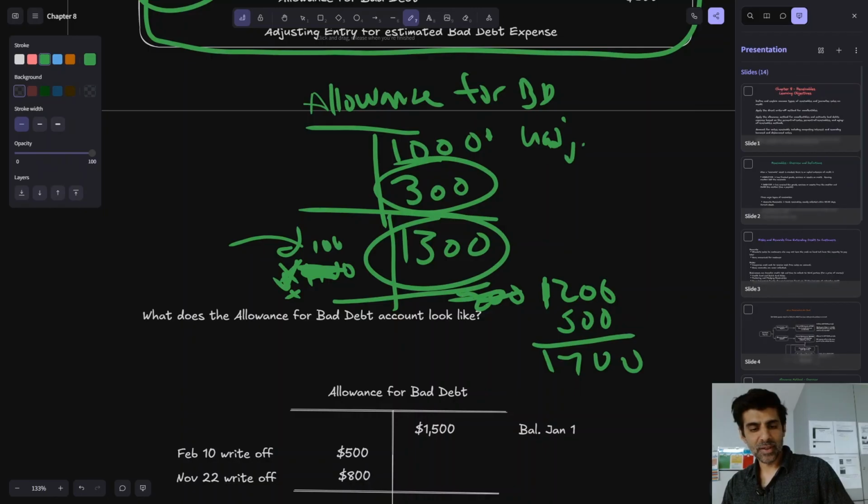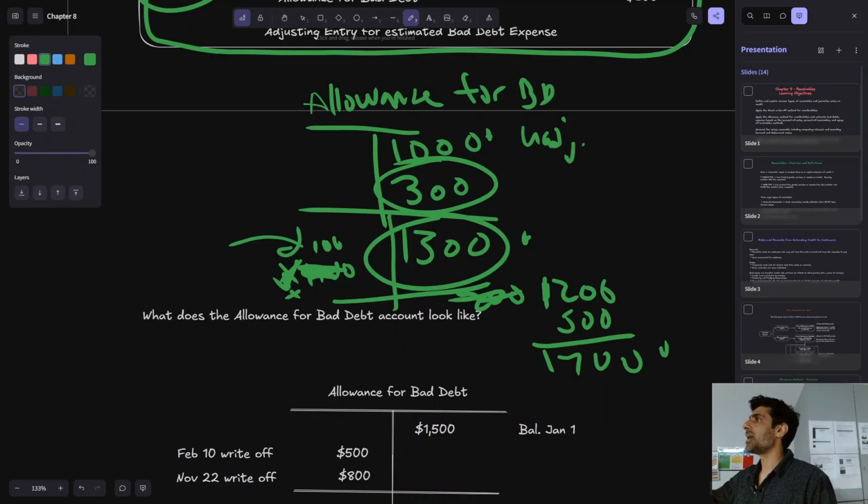It started at 1,000, it went to 1,300, it went to 1,700 here, and it can keep growing like this. In this case, we're overestimating how much bad debt expense we have, and this method is not correcting that. It can just grow indefinitely. So that's one big flaw of this method.